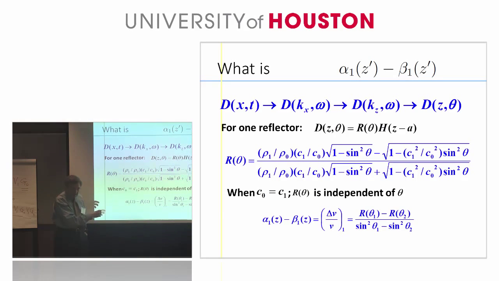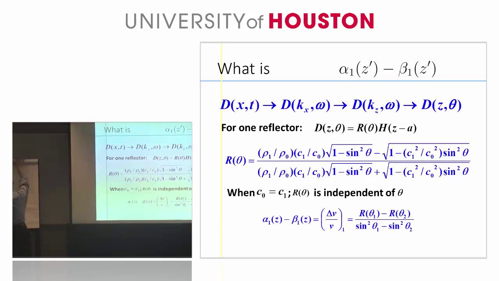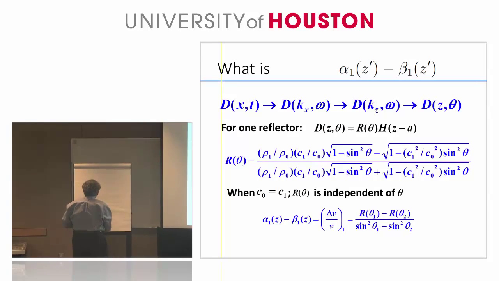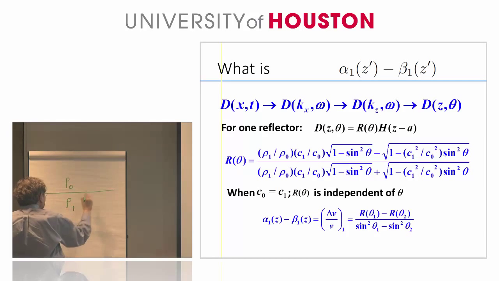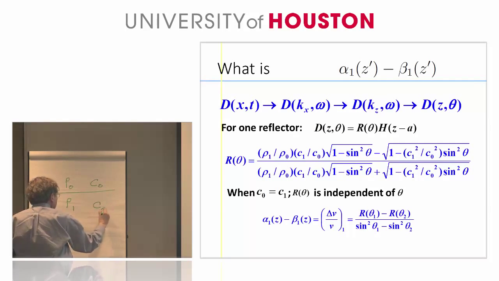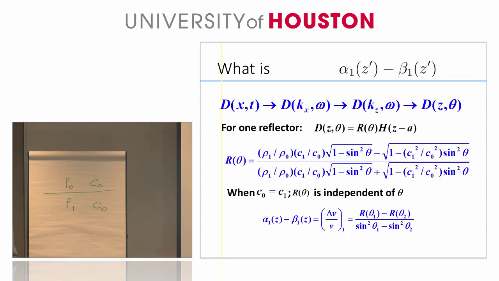Understood? So imagine that you had a reflector where it was rho 0, rho 1, but this was C0 and C0. The velocity didn't change. So if the velocity doesn't change, then in that reflection coefficient you'll get a 1 here, if C1 is C0.